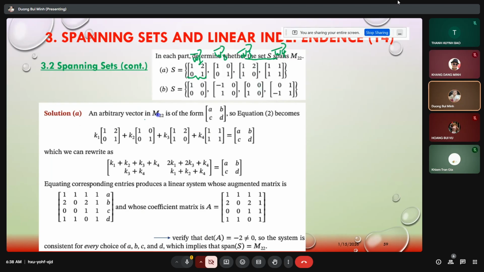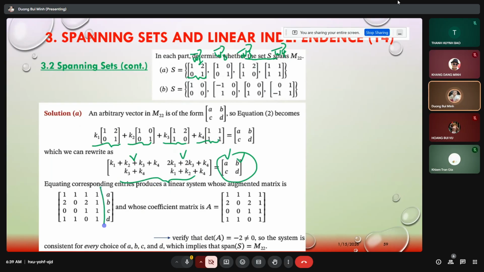So you get K1, K2, K3, K4 equal to A, B, C, D. So this matrix will be equal to this matrix. That means this element equals A, this element equals B, then C, then D.